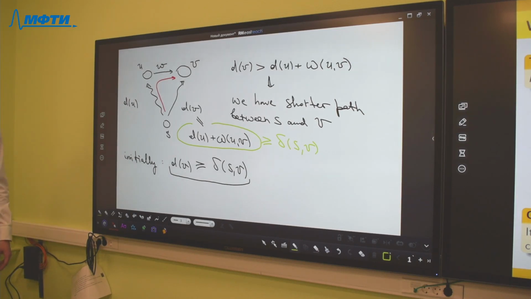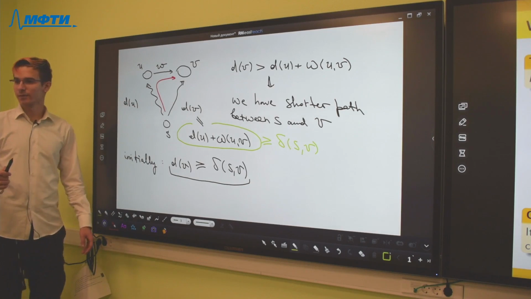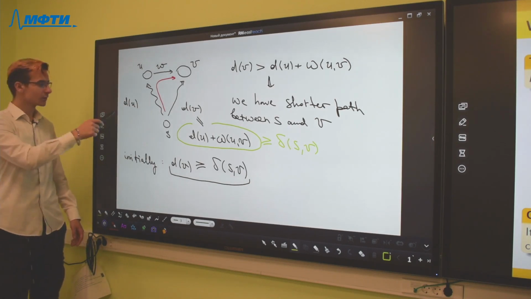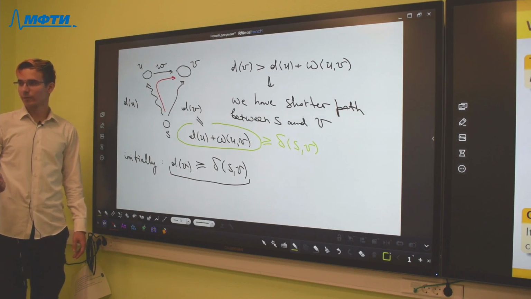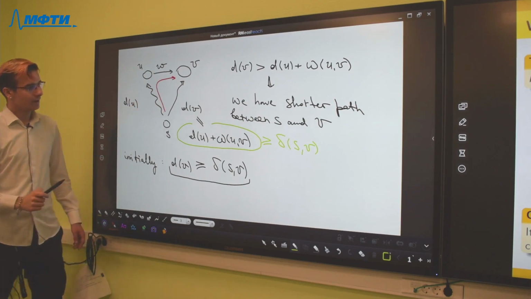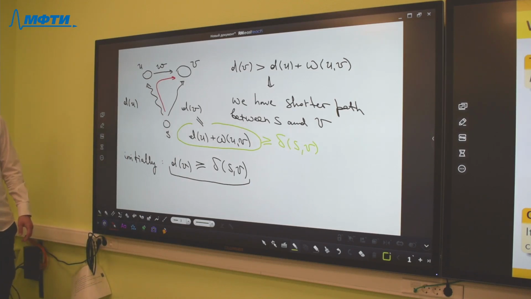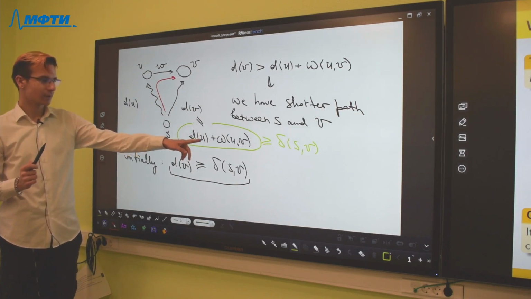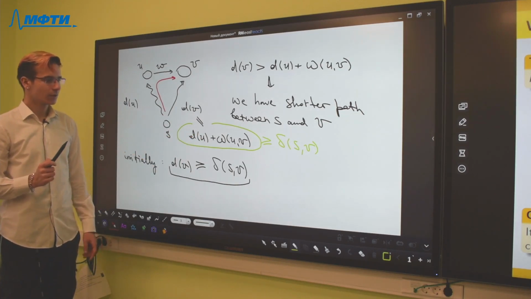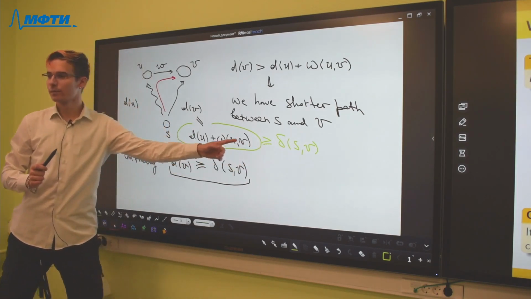We don't know what the shortest path is, but we know initially that there is a path between S and U that has weight equal to d of U, and we have a path from S to V that has weight equal to d of V. And why, if we set d of V equal to d of U plus the weight of U and V, can we say that it is bigger or equal to delta from S to V?